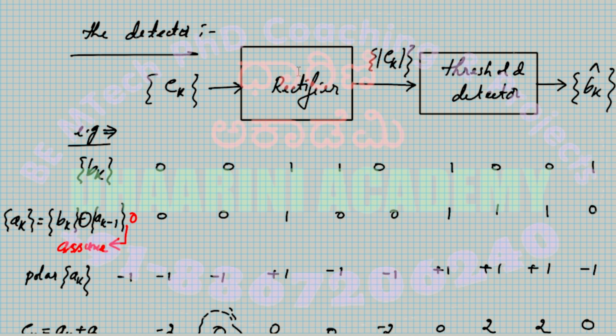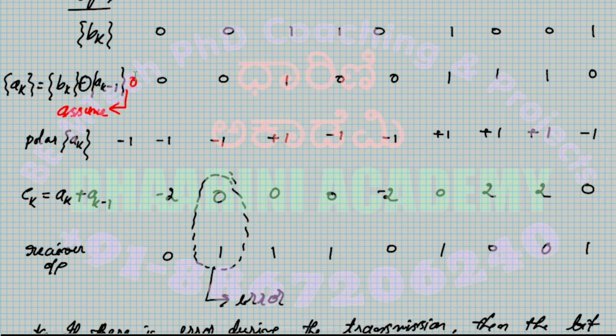Now you see, we come to the same calculation. bk is there. Do a pre-coding. Pre-coding requires one previous sample. Let's assume it as 0. So always do this calculation. Whenever the inputs are the same, the output will be 0.